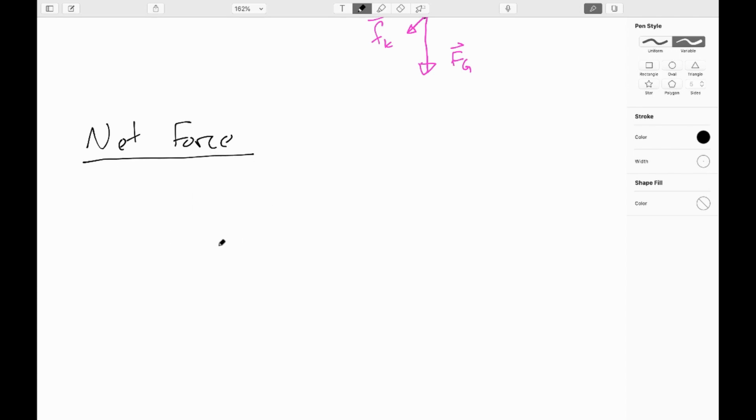So let's say we've got a boat here going up the river or something like that, and there's two tugboats that are pulling on our boat.